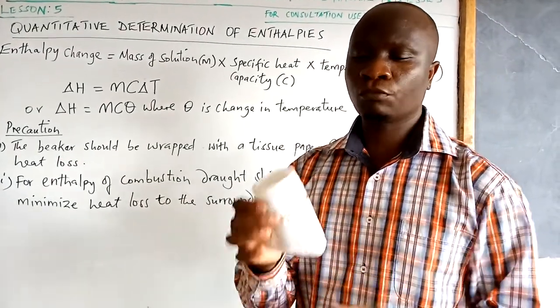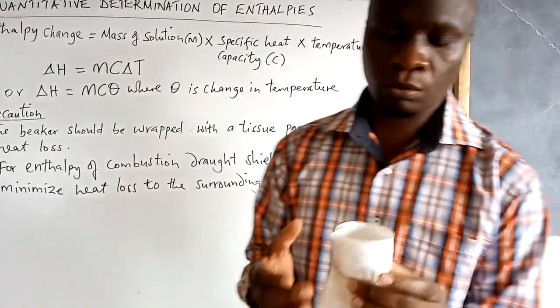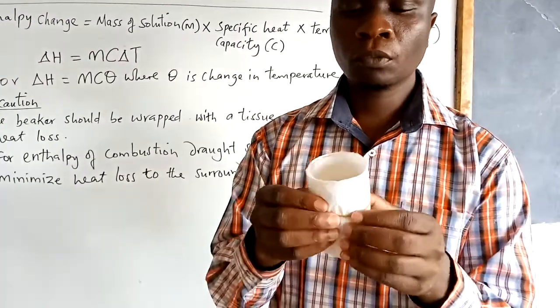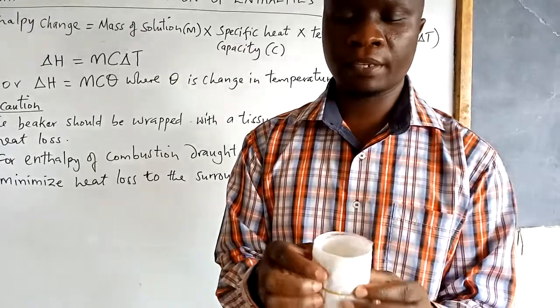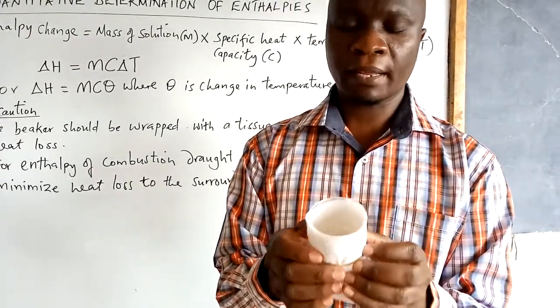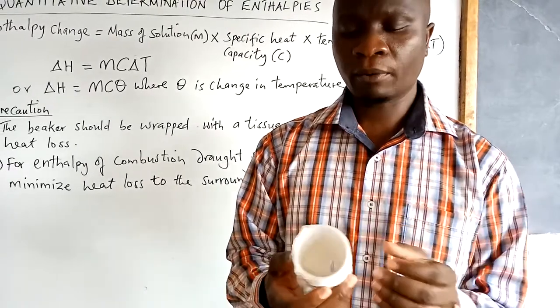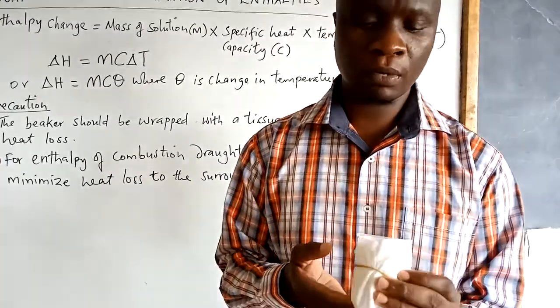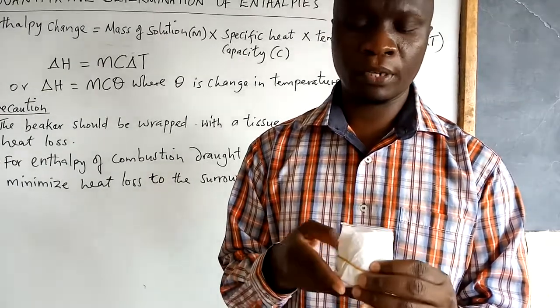The essence of doing this is to minimize heat loss, because your body can absorb some heat energy generated by the reaction, or the other way around, you could supply too much heat from your body.